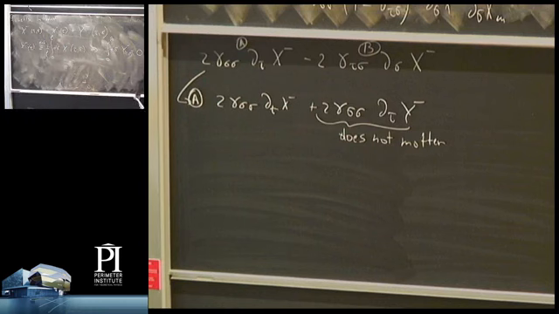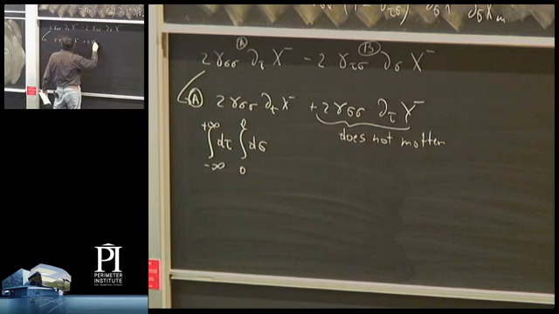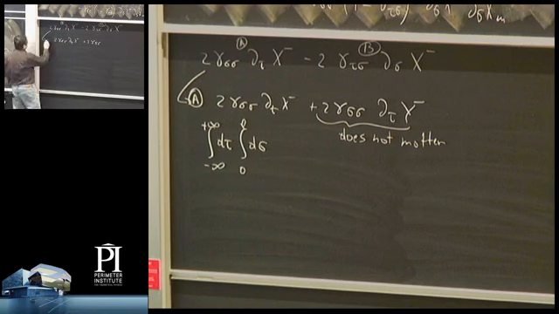All right, so let's look at this one first. This term gives me del tau of little x minus plus 2 gamma sigma sigma of, so this is my first term. I'm going to call it A. This is the second term. I'm going to call it B. So for A, plus del tau of y minus.